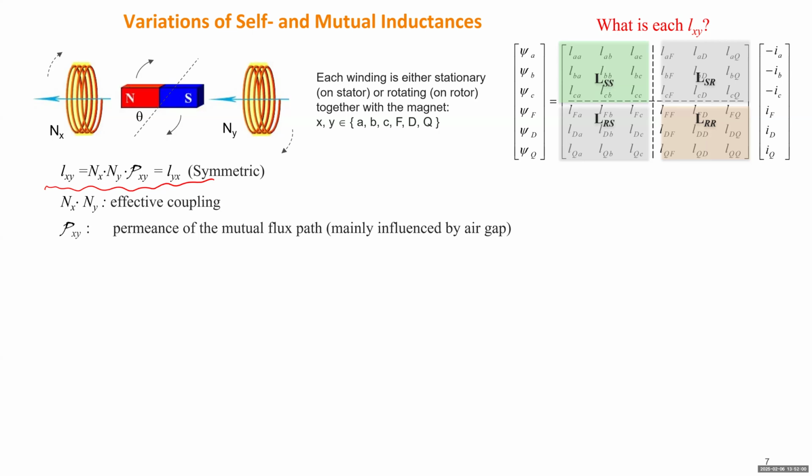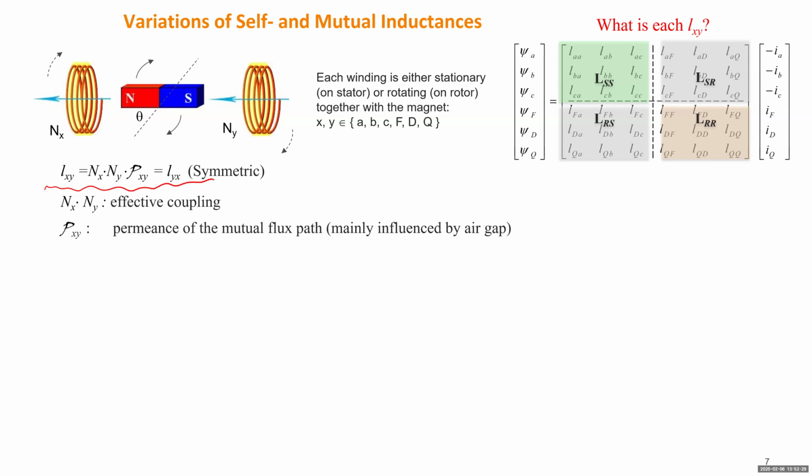That mainly indicates how easily the magnetic field can be built up connecting those two windings. Permeance is similar to the conductance of an electric circuit. In an electric circuit, 1 over resistance is called the conductance, which evaluates how easily the electric current can flow. In the magnetic circuit, we have a similar concept called permeance.